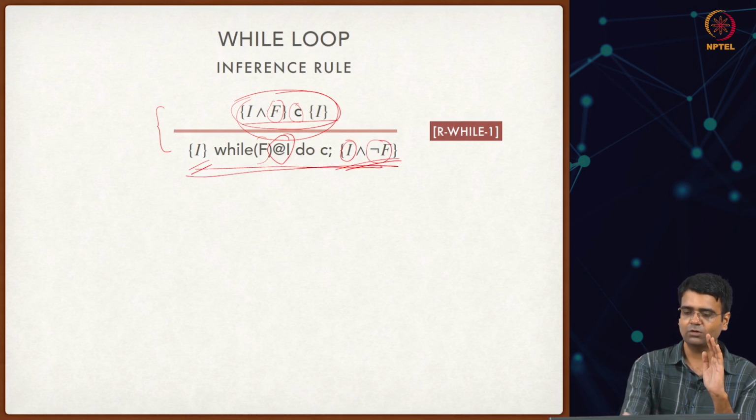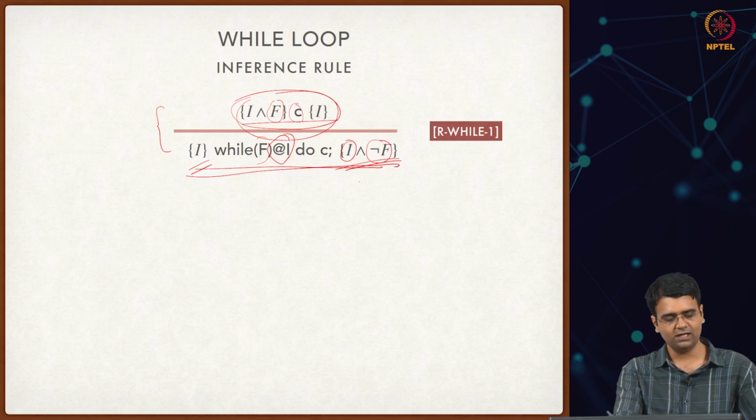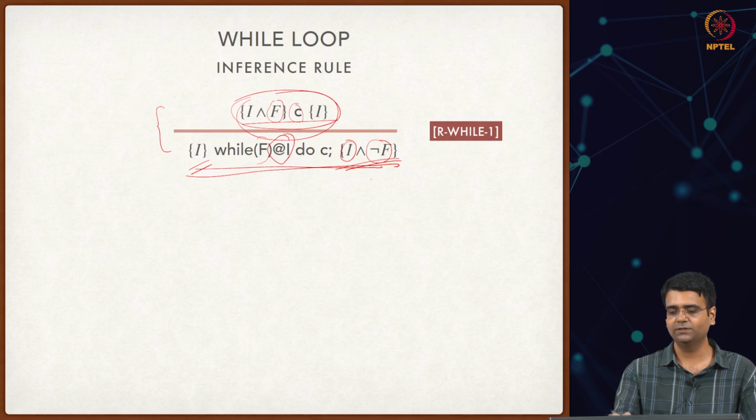So that's why the conclusion Hoare triple is also valid. Okay. So this is following the semantics of the while loop that we have seen. And this is how you can use the annotated loop invariant in order to deduce a Hoare triple.